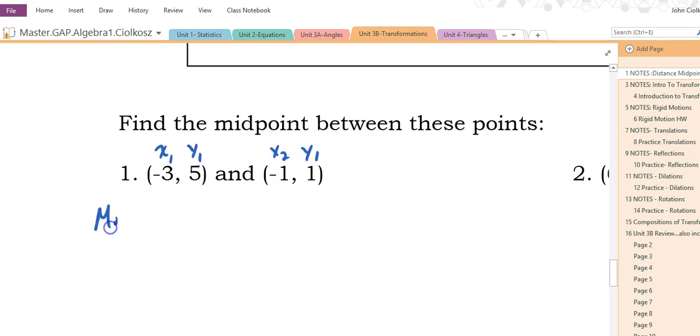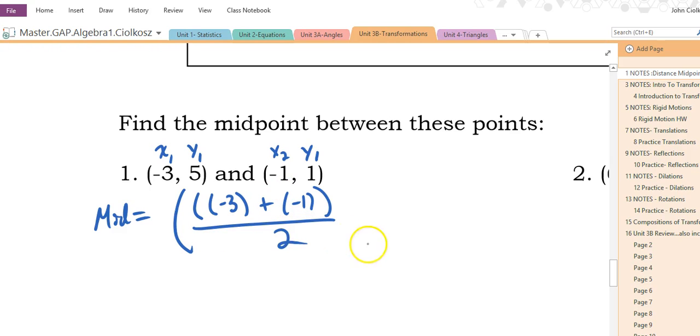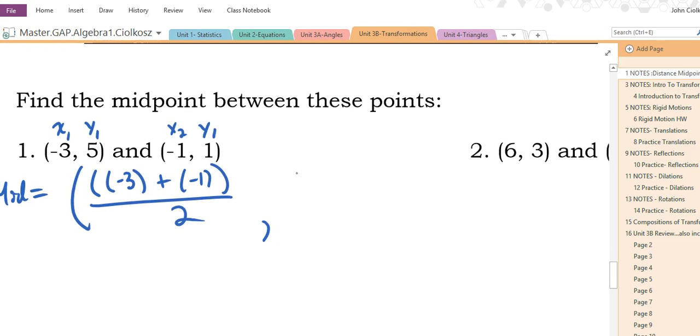Okay, so for the midpoint, x1 plus x2. And again, anytime we have negatives, let's throw some parentheses around them. y1 plus y2.